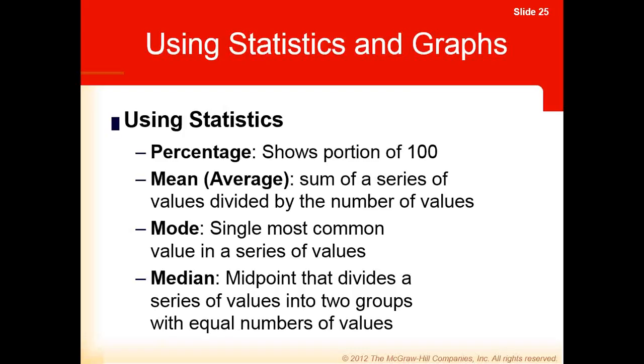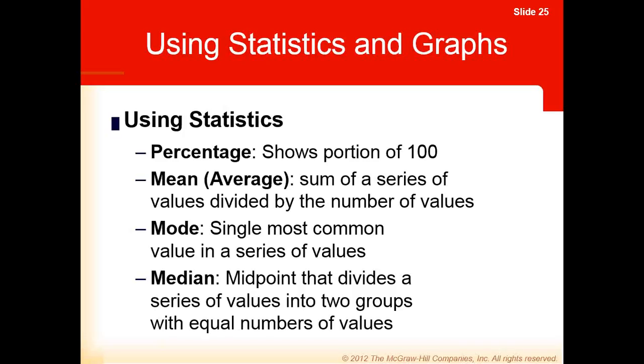So the mean would be 1.6 for the number set 1, 1, 1, 2, 3. The mode would be 1, as would the median, because the median simply takes the midpoint number. If you have five numbers, it's the third of 5, because that's the one that's in between. The mode is the single most common value.